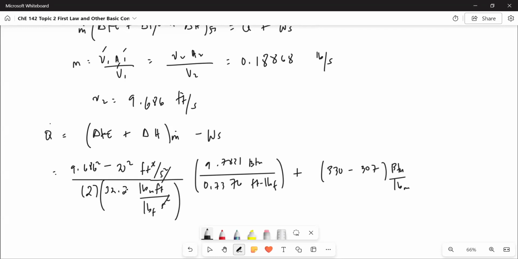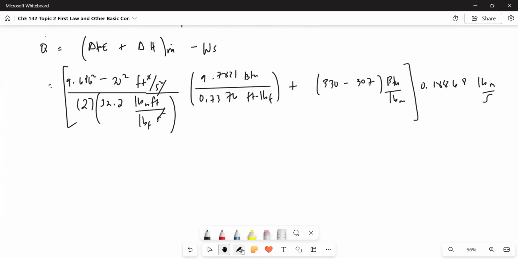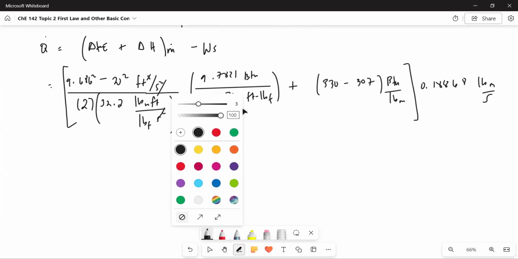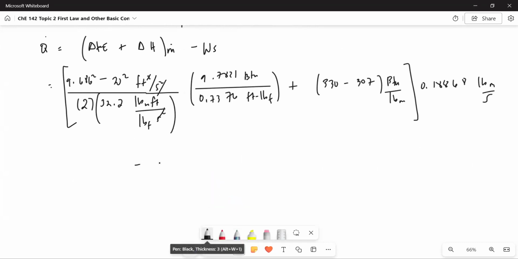So the units are consistent, and we have to multiply this by the mass flow rate, pound mass per second. Okay? Then subtract the work shaft, which is in BTU per pound mole.